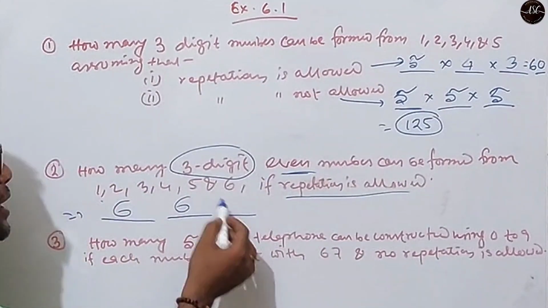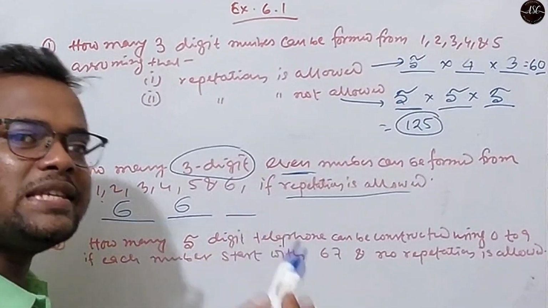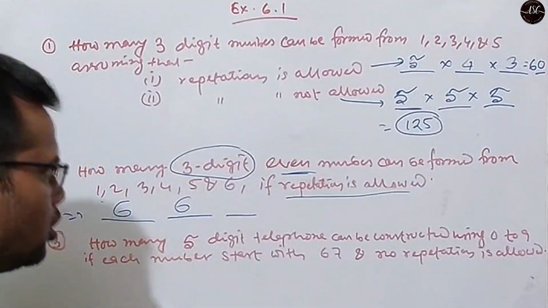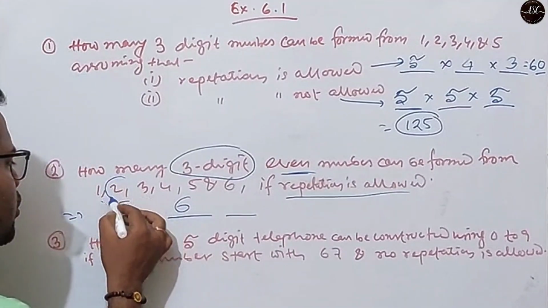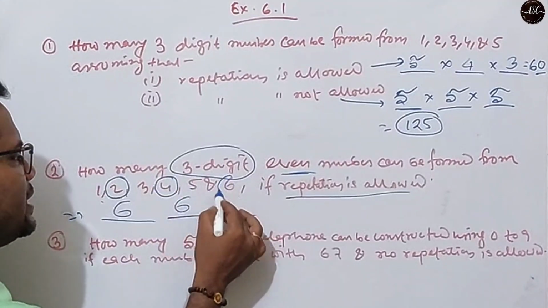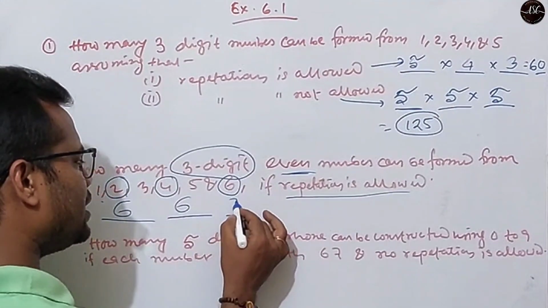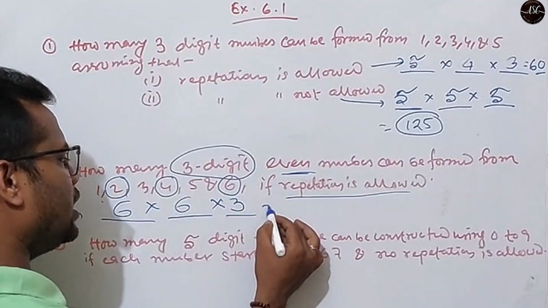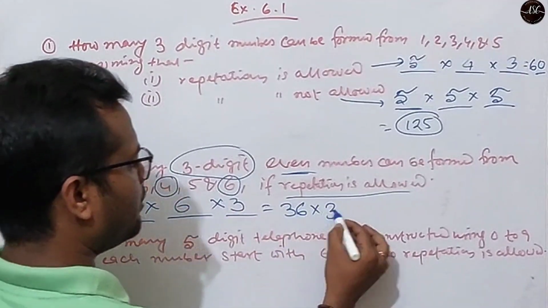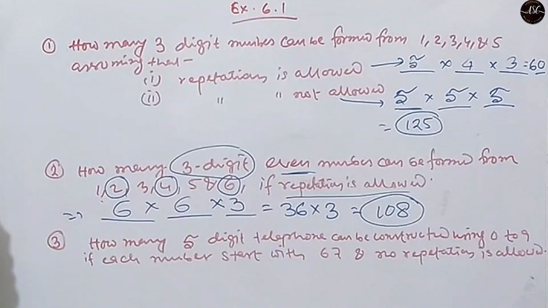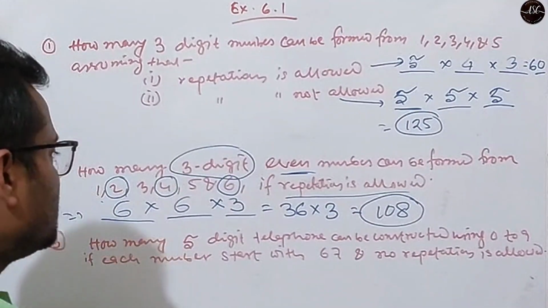So in this place there should be 0, 2, 4, 6, 8, then this number will be even. Among these numbers only 2, 4 and 6 are even. So there are 3 numbers, which can be chosen in 3 different ways. Just write here 3. Multiplying this, we get 108. So 108 even numbers can be found from these numbers.